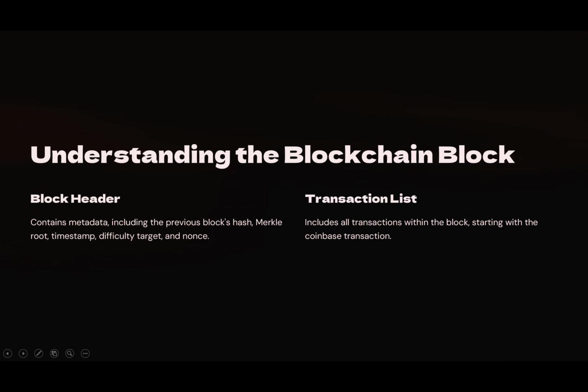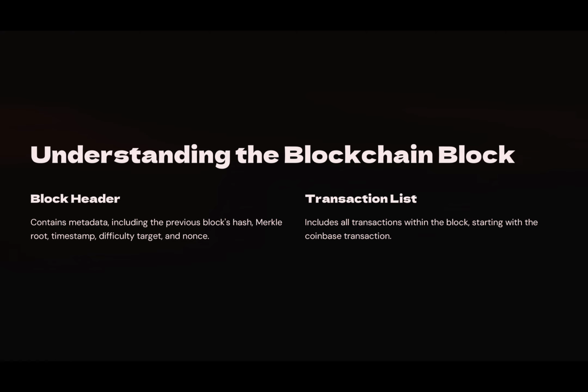First of all, we need to understand the blockchain block. What is in the block, right? A block consists of two main parts, called the block header and the transaction list. The block header contains several metadata such as the previous block hash, which links the blocks together, and the Merkle root, which summarizes all transactions in the block.